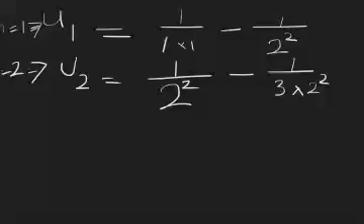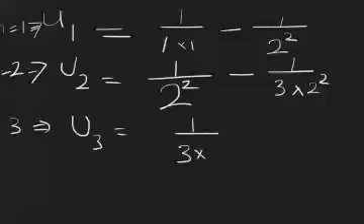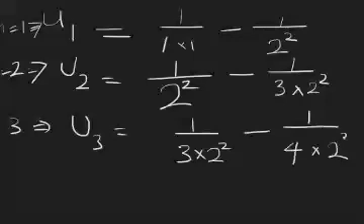When n is equal to 3, u sub 3 is equal to 1 over 3 times 2 squared, minus the next quantity. This term matches the previous one but with a negative sign, so you can cross this off when you sum these two terms up. And the next one is 1 over 4 times 2 cubed.